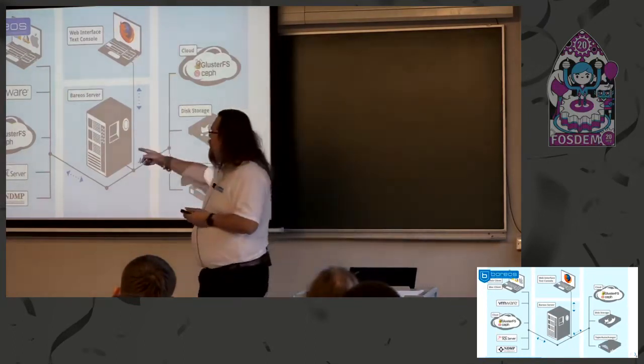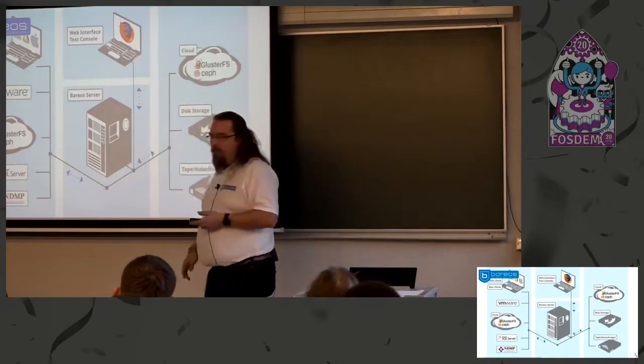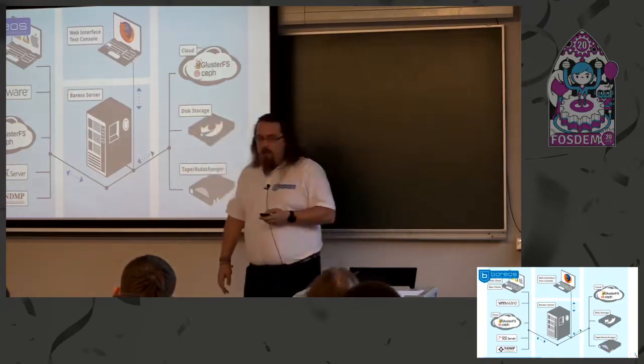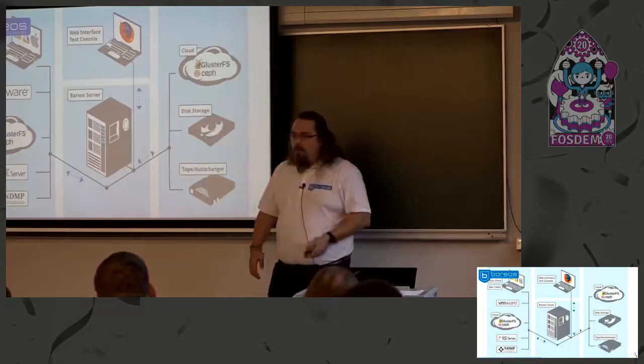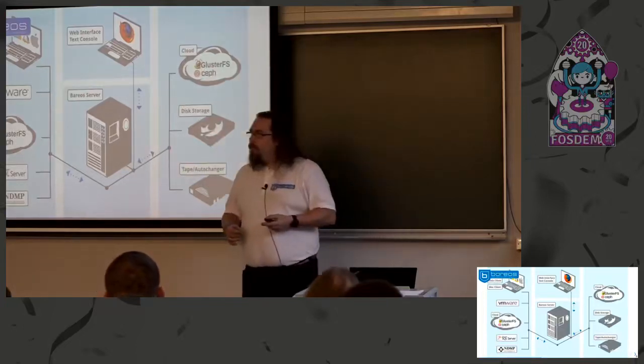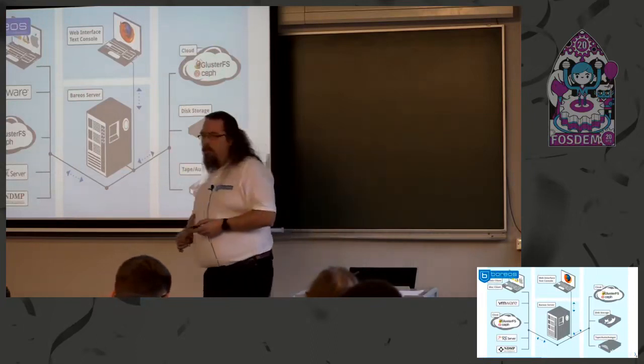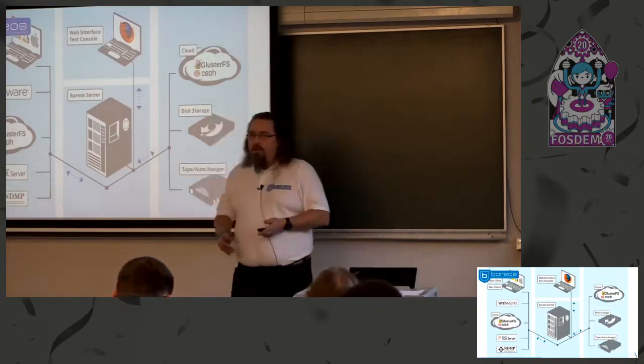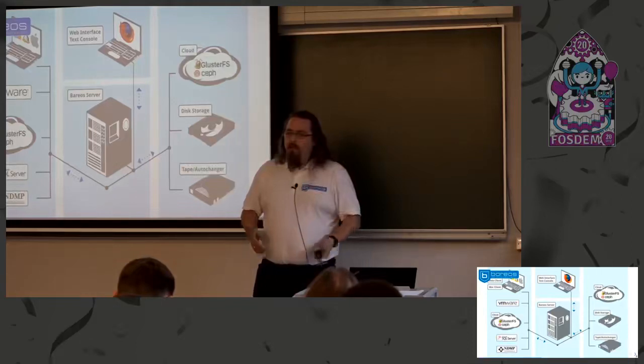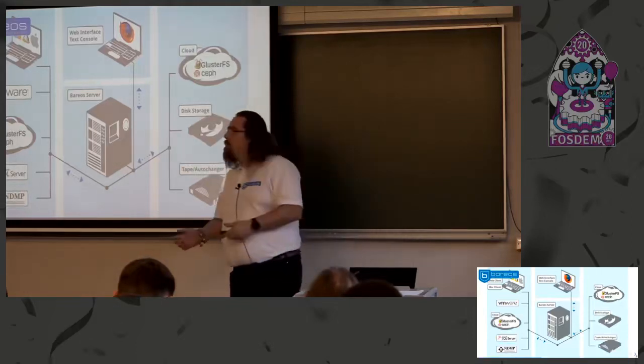We can do backup of Microsoft SQL Server on a Windows machine with incremental backups, I think. We have NDMP support, so if you have a large filer that supports NDMP, we can also back this up.